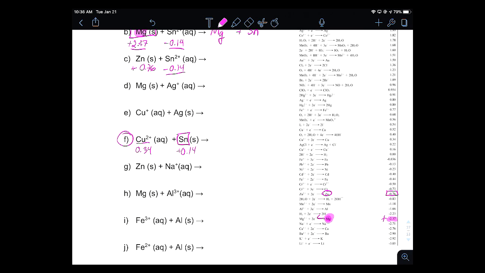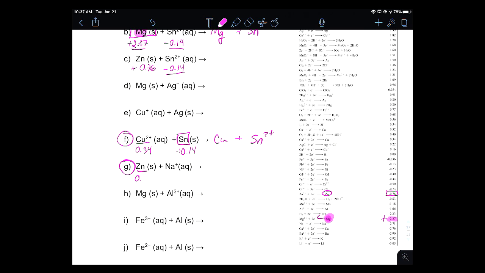So that's important. Now, I don't see a tin on here, so I'm going to slide up here and see if I have another tin. Oh, I do have one here. I have a tin ion here. That tin ion one is in the correct direction, so that's negative 0.14.